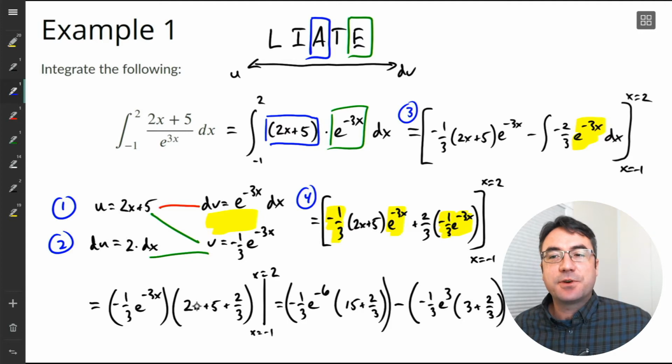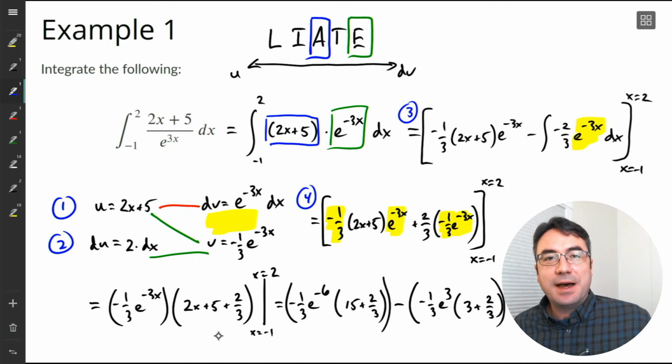Top number goes in first, so we plug the 2 in first. Bottom number goes in second, so we plug the bottom number into our antiderivative, and then we subtract, so we find the difference. Maybe there's a little bit more simplifying we can do here, but this is fine. This is the value of our definite integral.